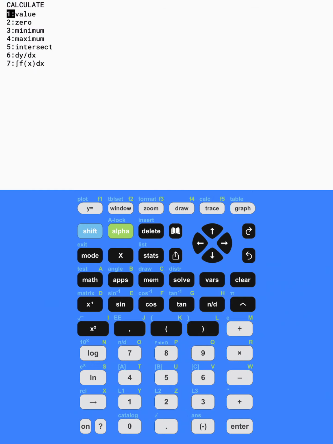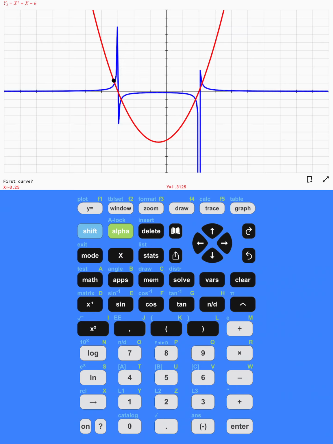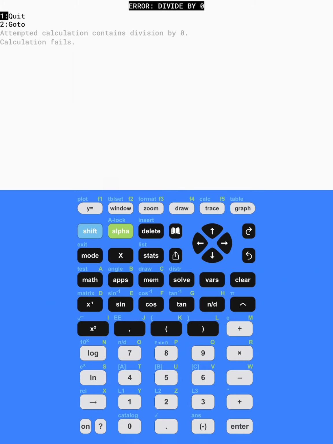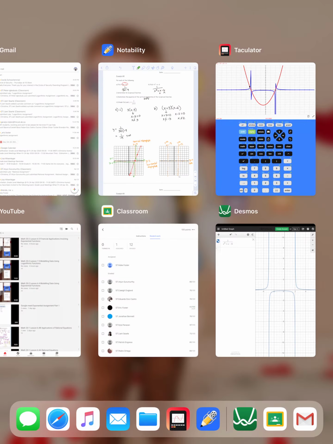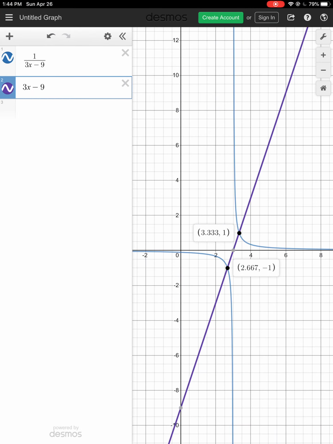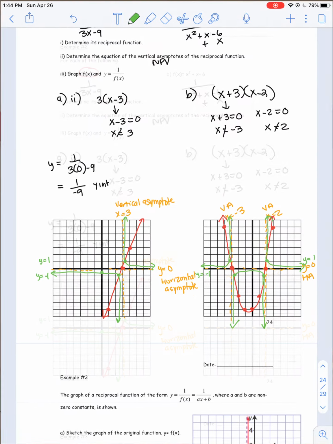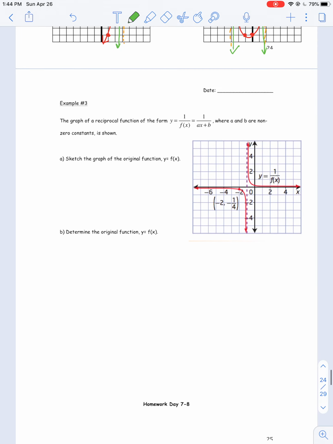If you press enter 3 times, it should give you the answer. So I'm going to go as close as possible to the intersection, enter, enter, and enter again. My calculator is not letting me do it, but yours would. If you just go to the intersection, press enter 3 times, it will tell you the point of intersection. You would have to repeat that for all the intersection points. So there'd be 4 sets of answers that you would need to include.